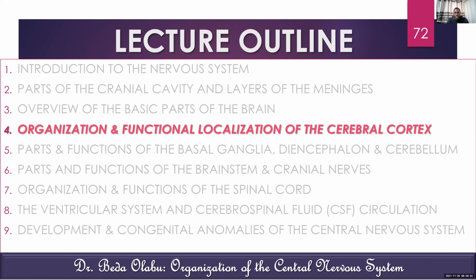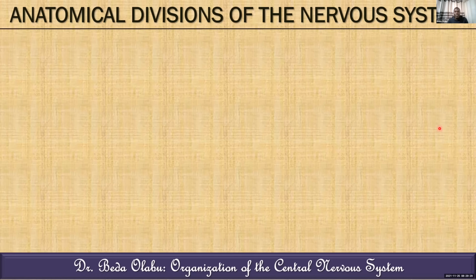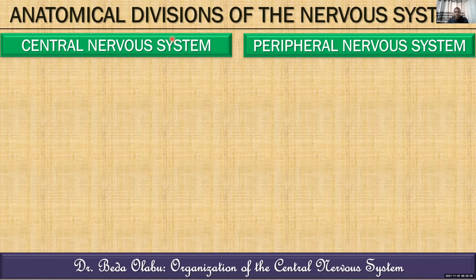Right, so in this lecture, we'll be focusing on the cerebral cortex. Just to help us orient, perhaps you may have forgotten, let me give you a brief overview of how the nervous system is divided. In the previous lectures, you learned that the nervous system is divided into the central nervous system and the peripheral nervous system.